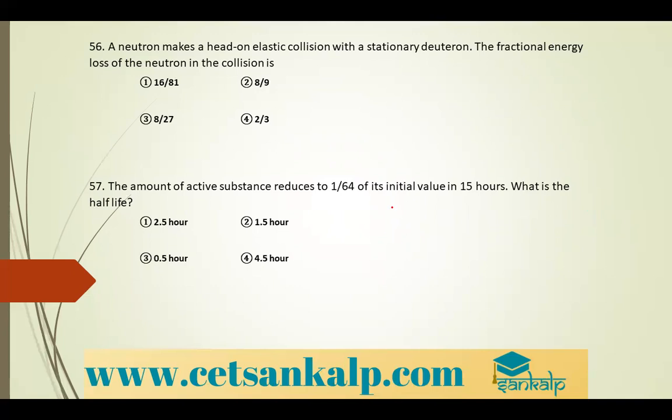In that case, you have the formula N by N naught is equal to half to the power t by T. So 1 by 64 is equal to, this is the formula, half to the power 15 by t.